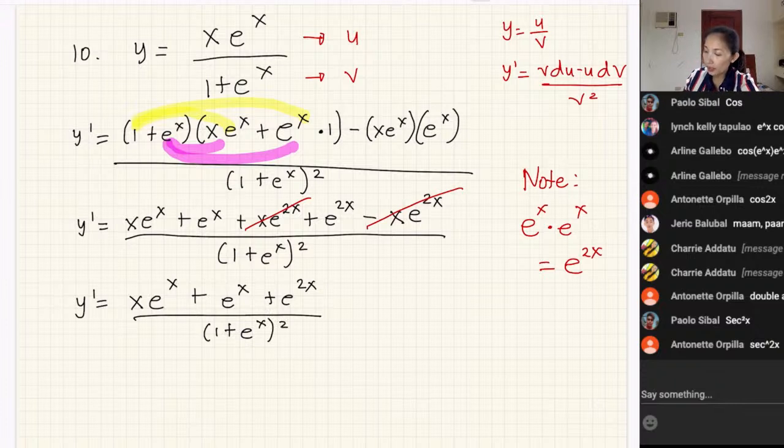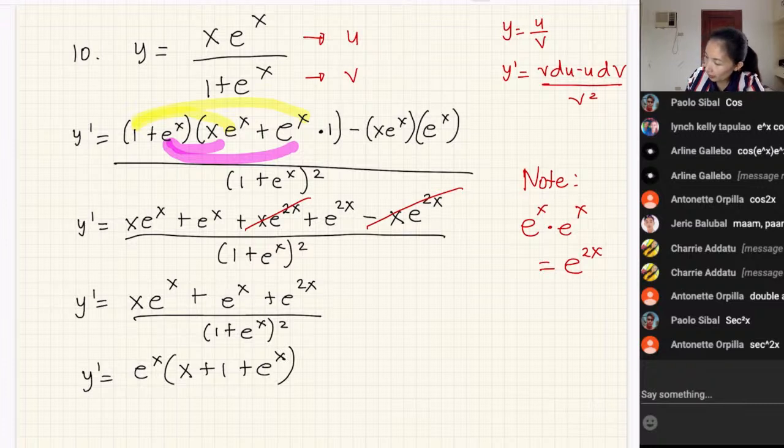You can leave your answer this way or you can express the numerator in factored form, but this is already alright. Or like what I said, you can factor it out since e to the x is common to all the terms above. Then we could express it as e to the x times x plus 1 plus e to the x.